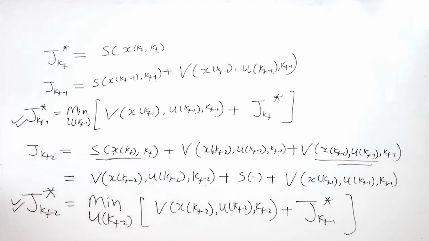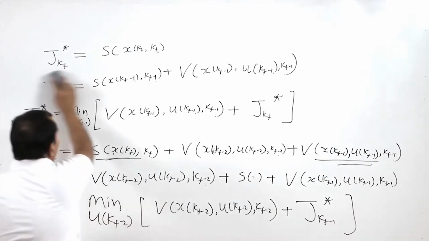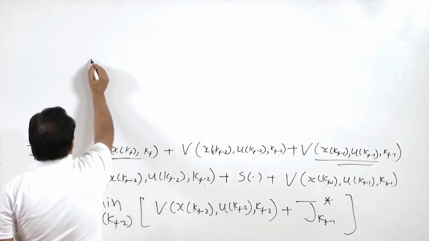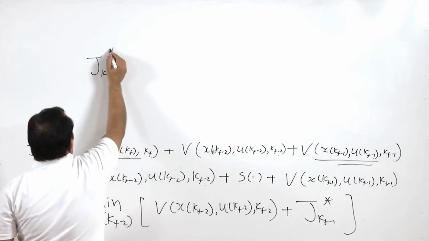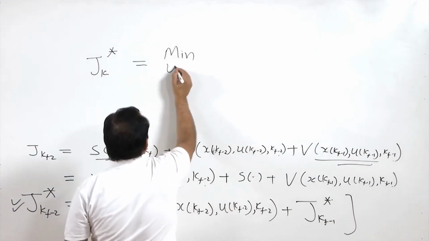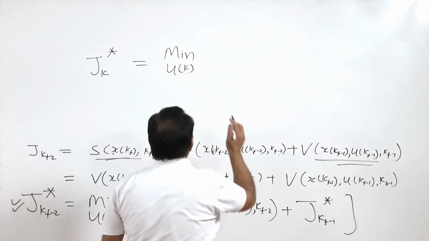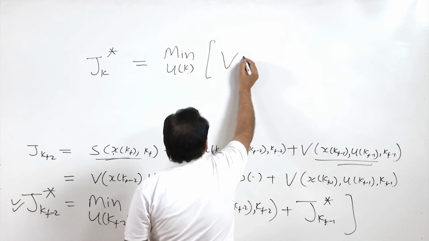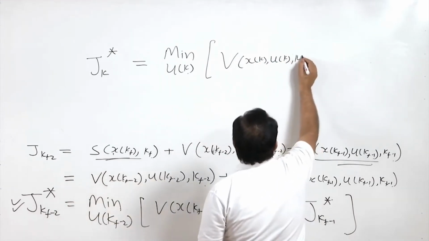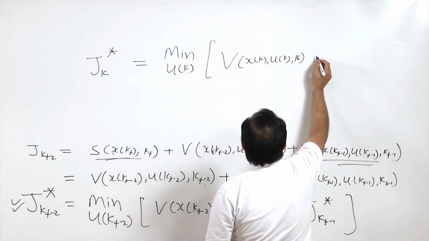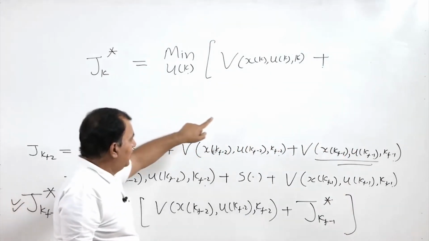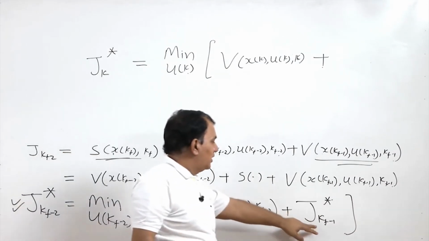If I will go for a general value of K, I equal to K, the optimal value of JK can be written as minimum with UK, which will be nothing but my V x of K u of K plus, if you see for Kf minus 1 it was Kf minus 2, Kf minus 1.